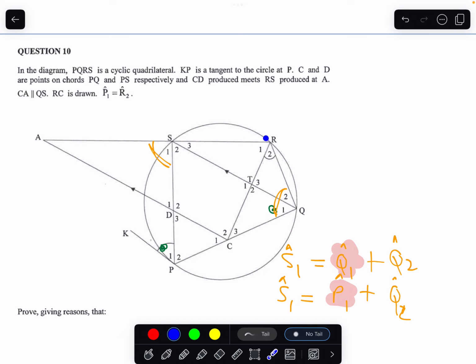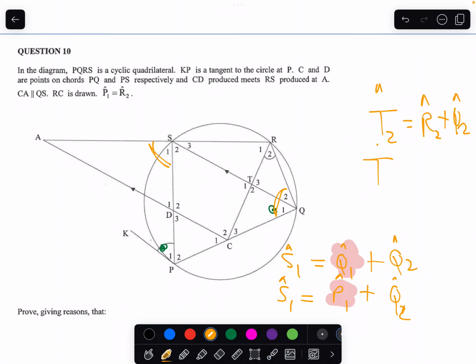Oh, okay, because exterior angle of triangle. But P1 is equal to R2.